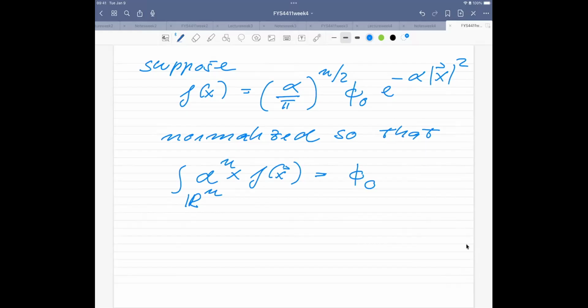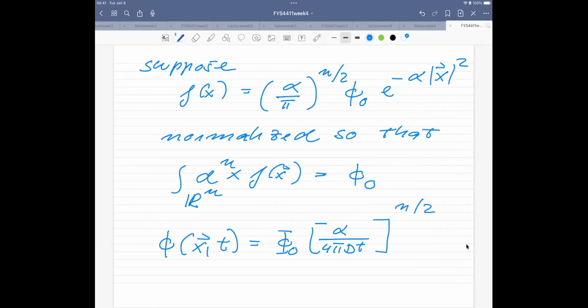So what happens then is the following. This function which I'm having, this phi of x of t, when I now use the convolution theorem, is then given by this phi 0. I have this constant alpha divided by 4 pi squared. This is a normalization constant which I have, and then to the power n half.